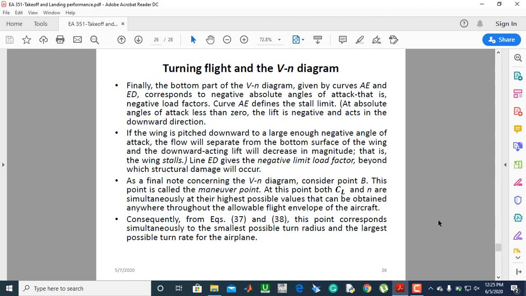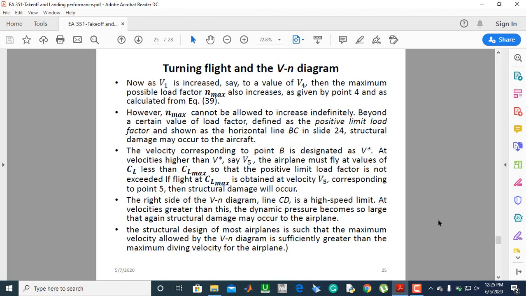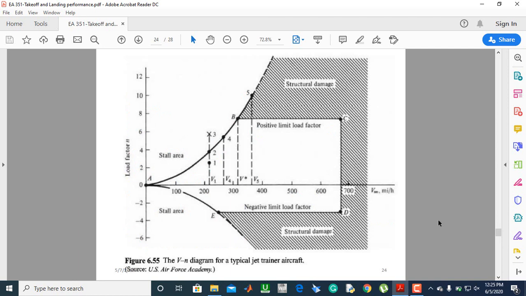Then the bottom part of the VN diagram is given by curve AE. When the aircraft is flying with negative absolute angles of attack, it will have a negative load factor. Since the load factor n is equal to L over W, if the lift is negative and the weight is positive, then you have a negative load factor.